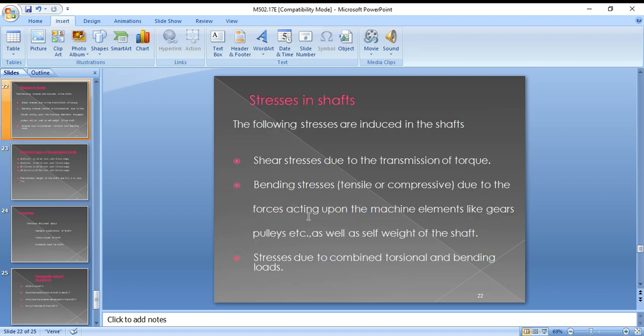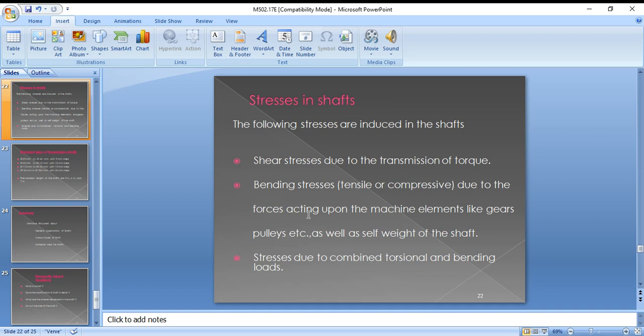So next we have different stresses. Based on these stresses, we are going to design the shaft. Shaft design is based on strength and rigidity.